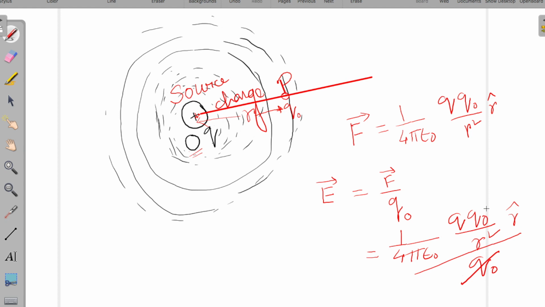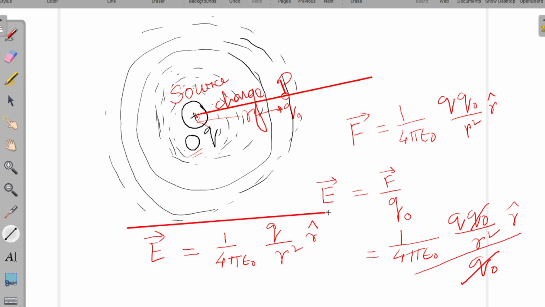The Q naught cancels out, and we get the expression of electric field intensity: 1 by 4 pi epsilon naught, Q by r square, r cap. This is the mathematical expression of electric field intensity.